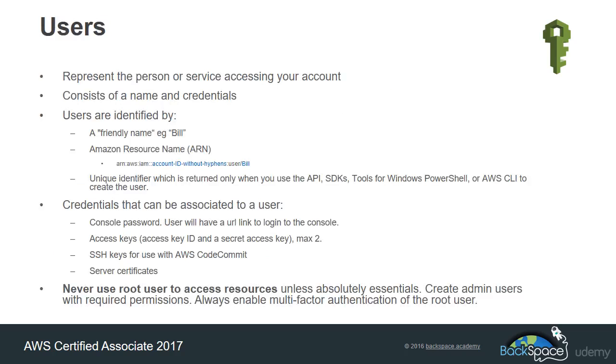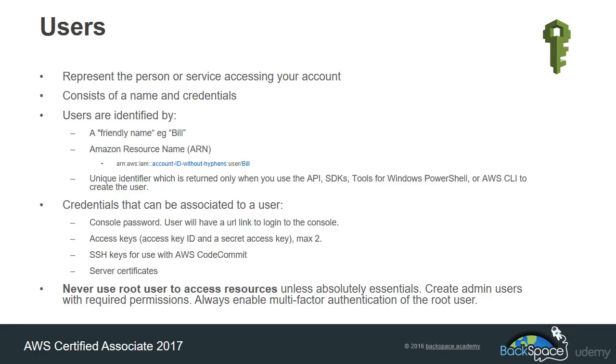Users represent a person, but they can also represent a service that needs to access your account. A user consists of a name and a set of credentials. Users are identified by a friendly name, for example, Bill. They can be defined by the user's ARN, Amazon Resource Name, and that would look like this: arn:aws:iam, and then 2 colons.